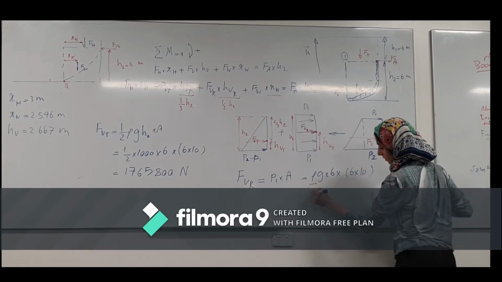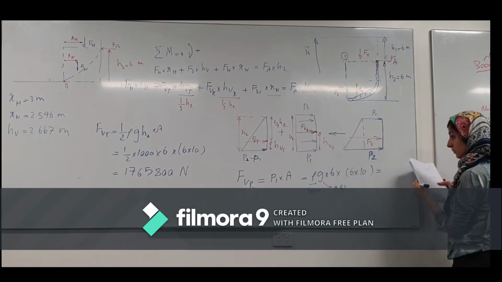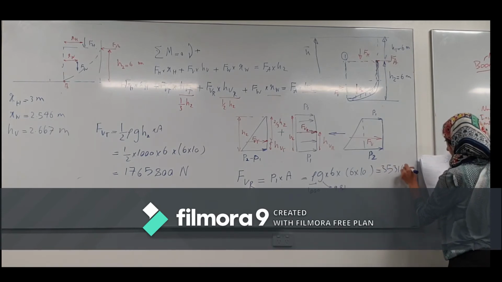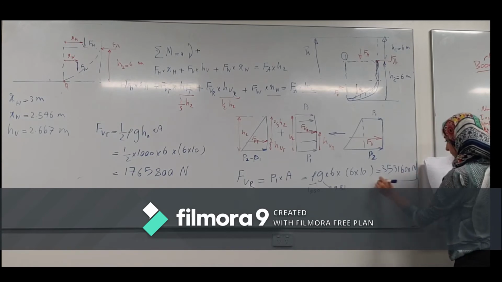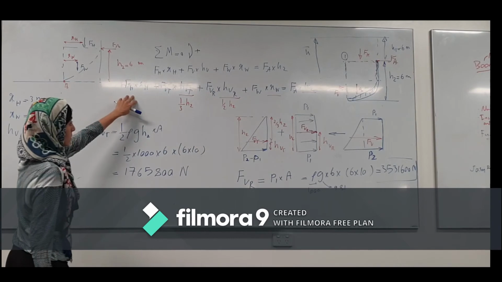Density is about 1000, gravity 9.81, and the final answer is 31,600 newtons. Okay, so we can put it in this formulation.